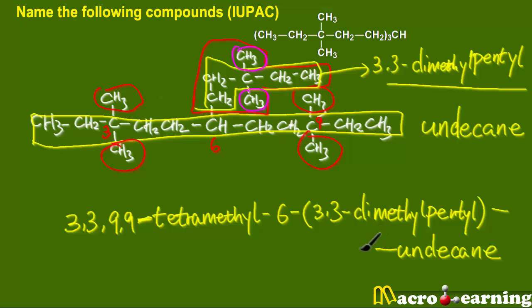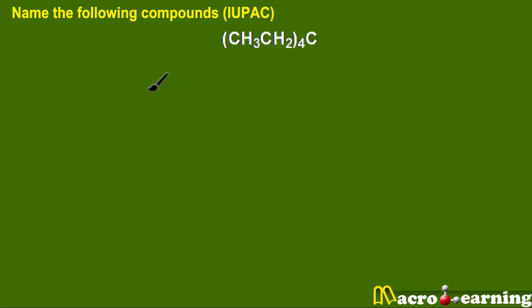Alright, next one. Alright, now this one appears to be much more straightforward than the last one. But we still have to redraw it. I prefer white for this one. So CH3, so 4 same ethyl groups connected to the same carbon.